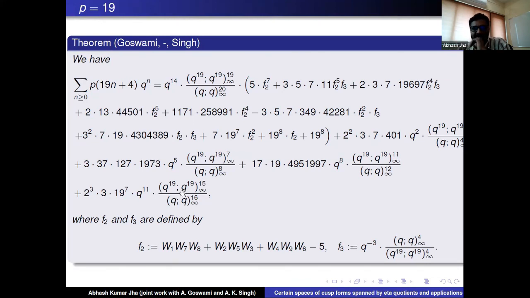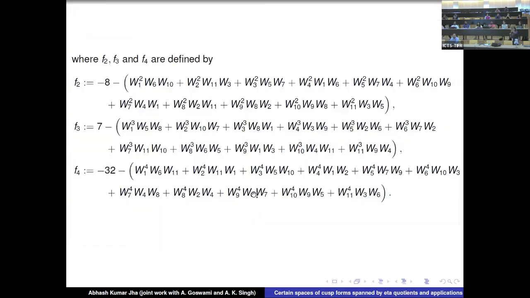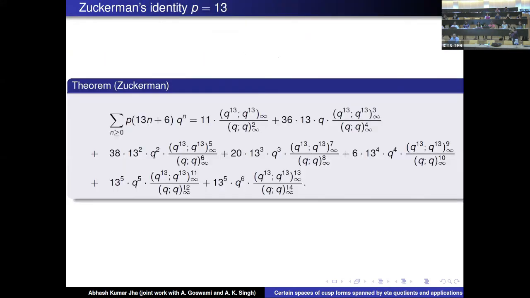So obviously 19 is not going to come out. But in the 13 identity that you had, except the first term, everything was divisible by 13. Yes. So it is almost like you have something congruent to 0 mod 13, but not exactly.